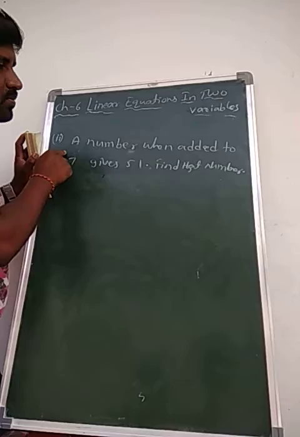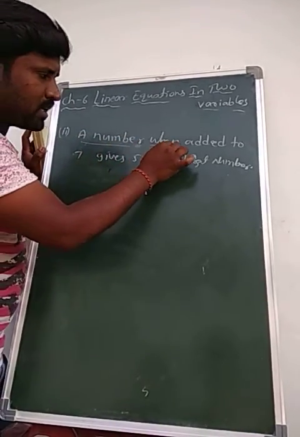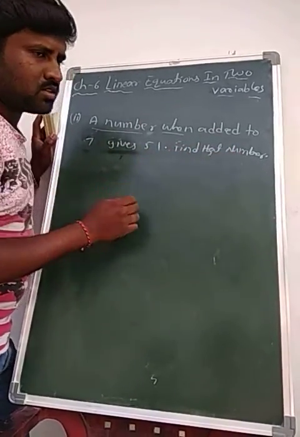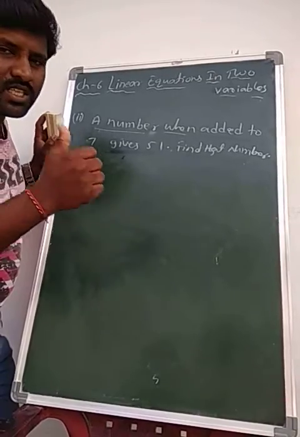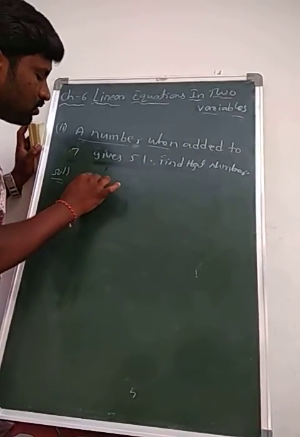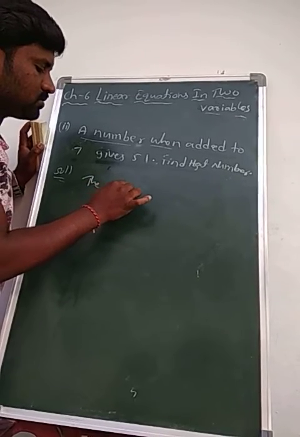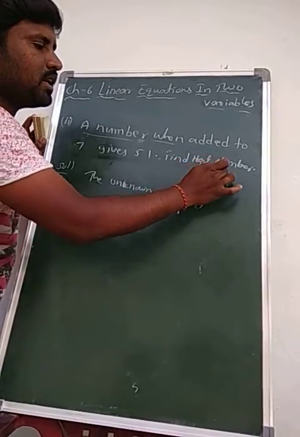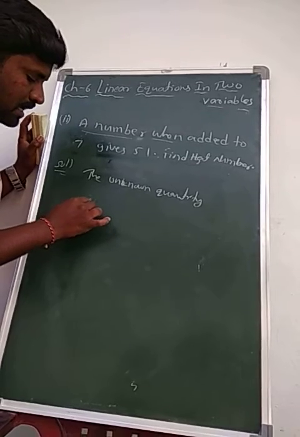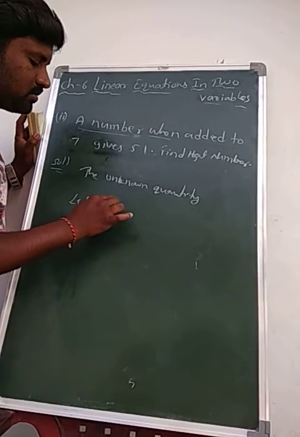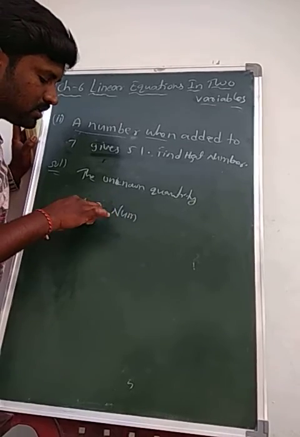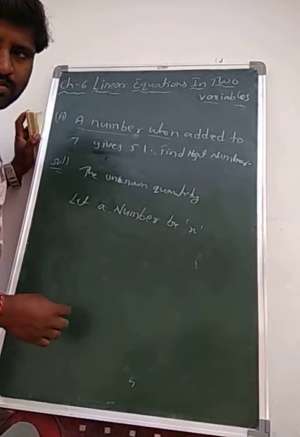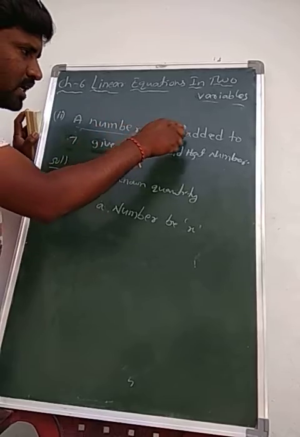In situation 2, the unknown quantity is that number. So let the number be x. Then a number when added to 7.